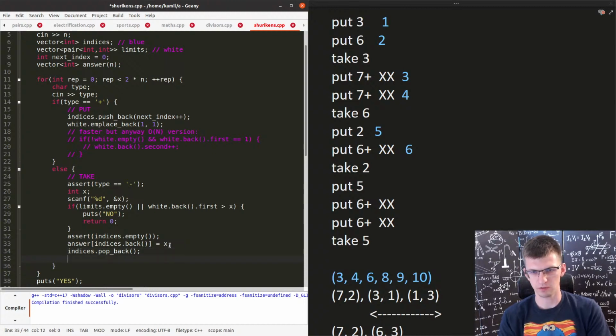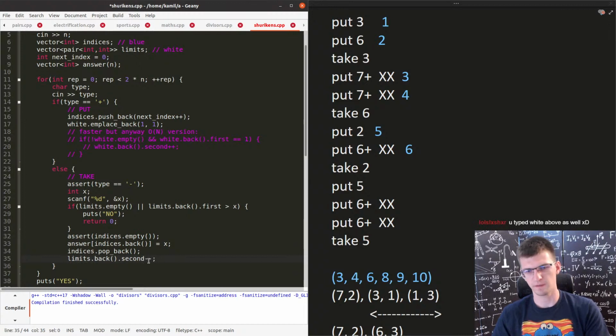Now we need to get rid of one element from not white, this should be called limits. So something like limits back second minus minus, and also we erase this if this gets down to 0.